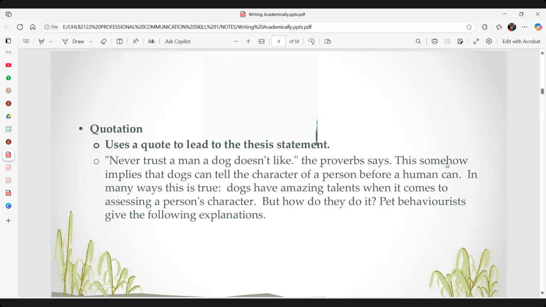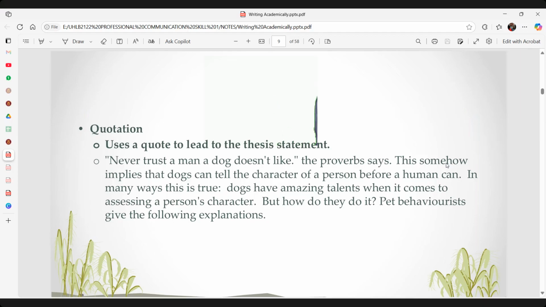Quotation uses a quote to lead to the thesis statement. Something like to die or not to die, to be or not to be. So that is, among others, a very famous quotation from Shakespeare. So, yes, okay, another quotation. Usually, people use sayings or words or statements from public figures, but when you use them, make sure you use your public figure wisely.